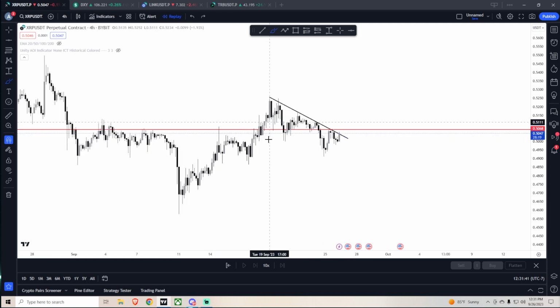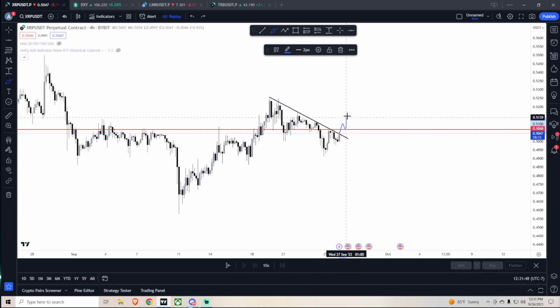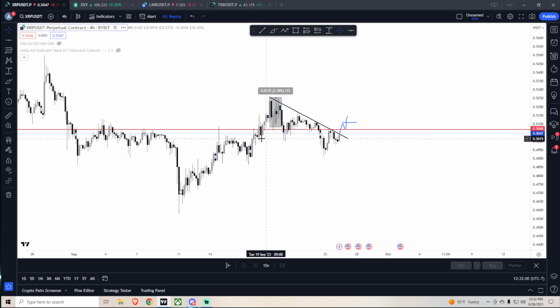So the best trade, in my opinion, is breakout, okay, retest, close above, and then you long, just like we did here. So like here's the breakout, here's the retest, we closed above, that was your market long position, and you got a 3% move, stop loss somewhere down here.